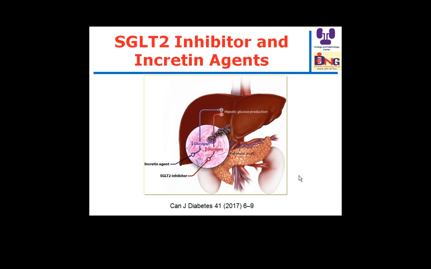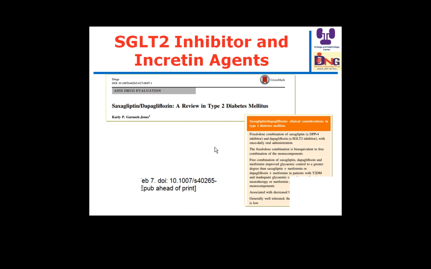This is why there is a disparity between sodium glucose cotransporter 2 inhibitors and incretin mimetics or DPP4 inhibitors. Both incretin mimetics and DPP4 inhibitors reduce glucagon. So this is why we can combine one of these drugs, either incretin mimetic or DPP4 inhibitors, with sodium glucose cotransporter 2 inhibitor to suppress glucagon release.